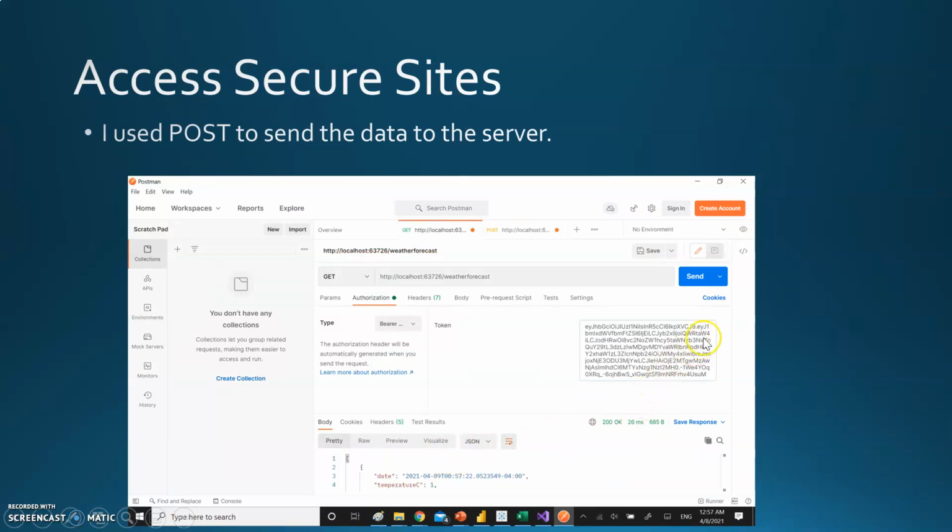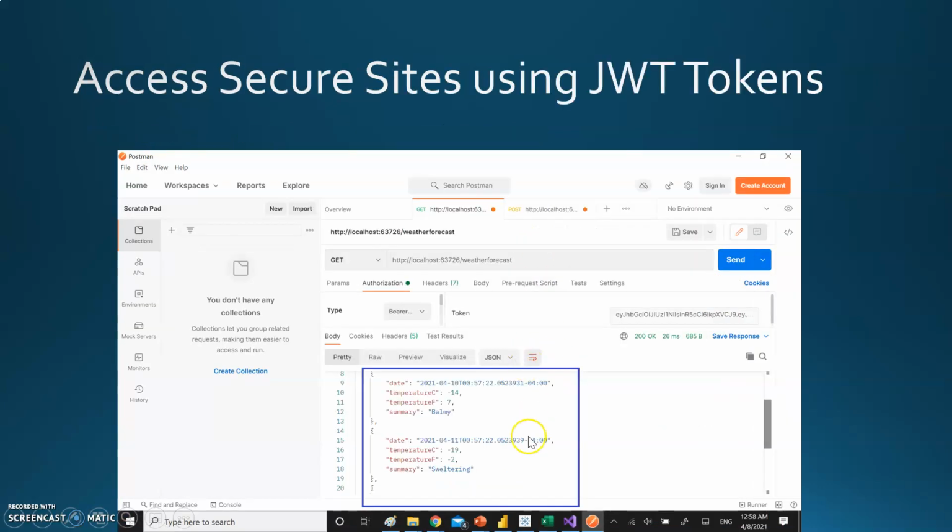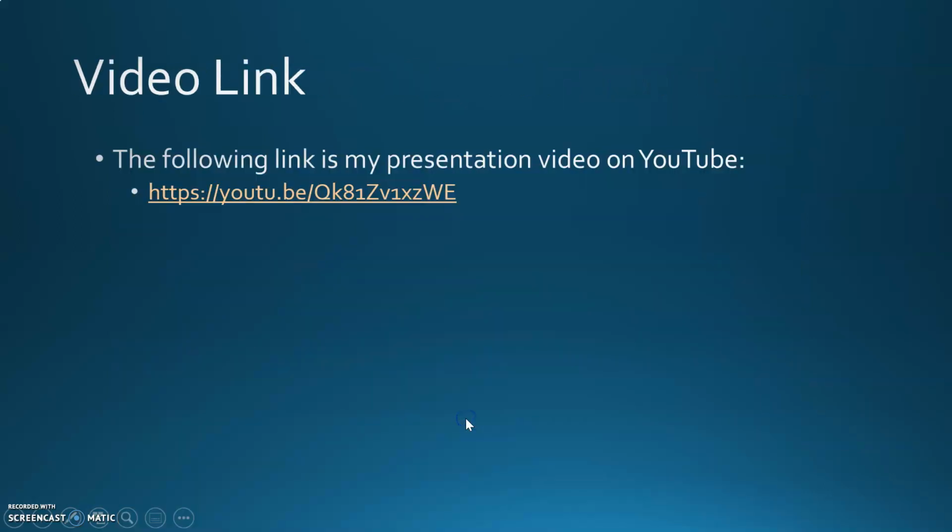I have posted the token in this section and then clicked on send using the post. As we can see, I have retrieved the information securely from the website, which was about the temperature and the summary of the data.